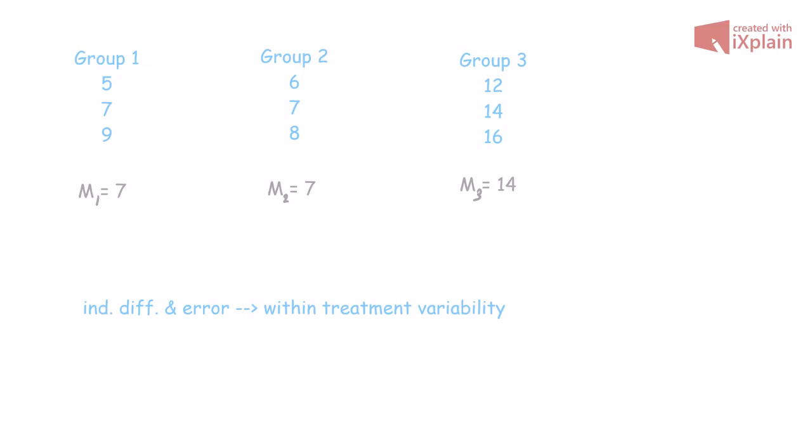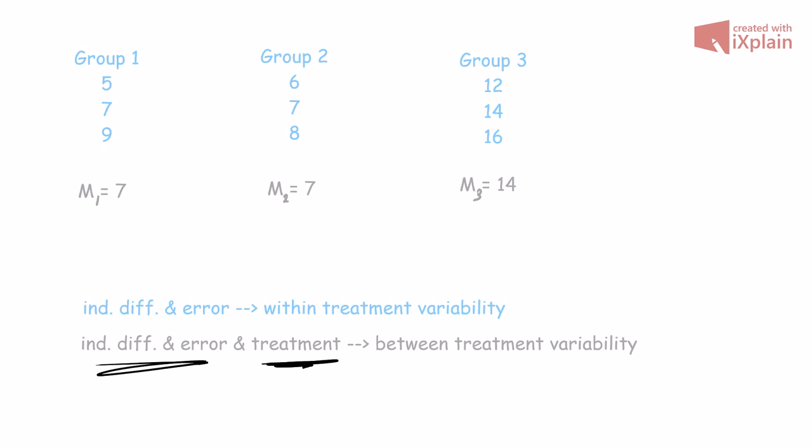So these means are contaminated with individual differences and error. These means also have in them individual differences and error. So between treatment variability has in it the good stuff and the bad stuff. Variability within condition just is, quote, the bad stuff.